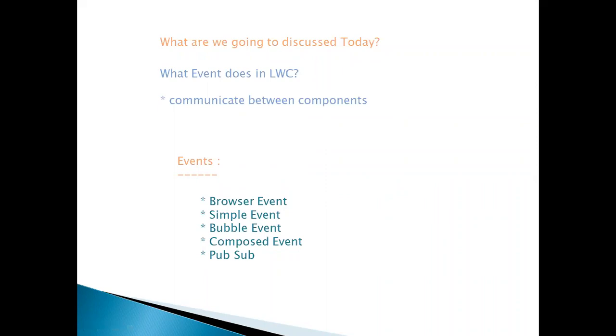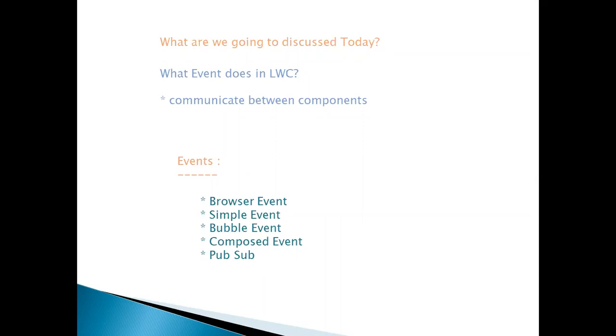If you have worked in Lightning, an event is basically used to communicate between components. For this purpose, like passing some value or passing a method from one component to another component, we use events.